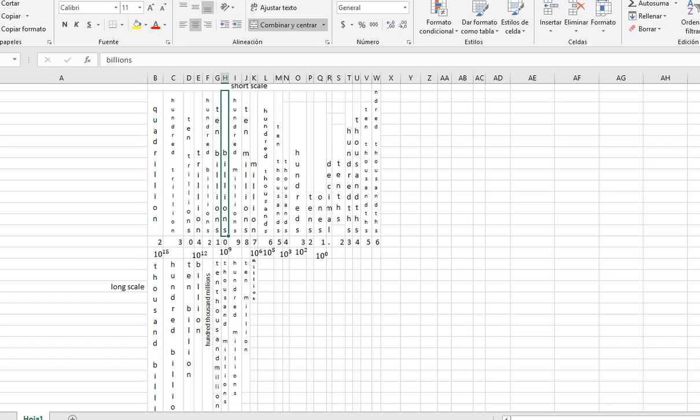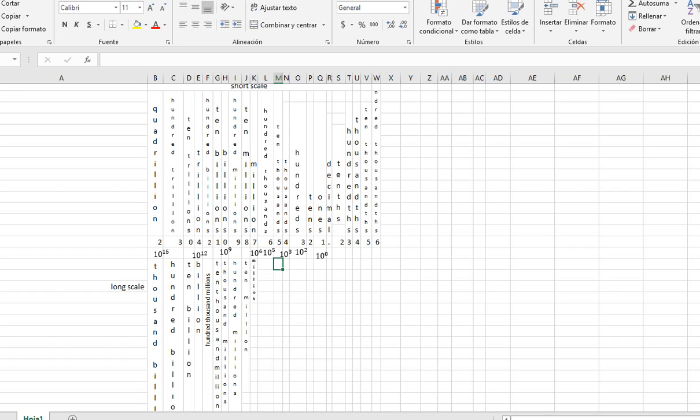In the short scale you have 1 billion, but in the long scale you have 1,000 millions. Is just a manner to say this number times 10 to the 9 power.